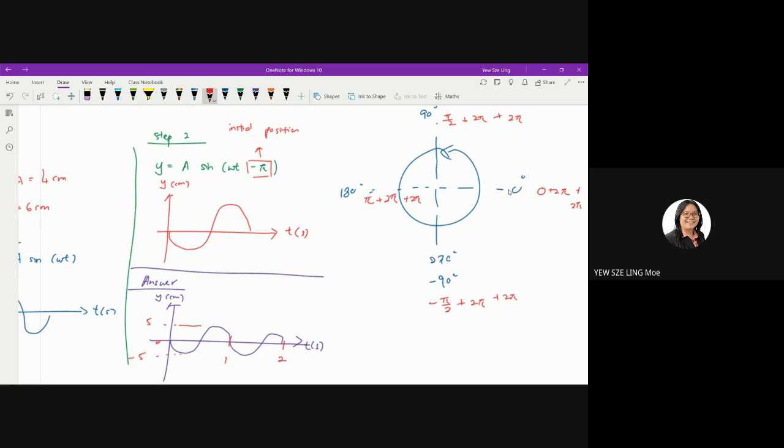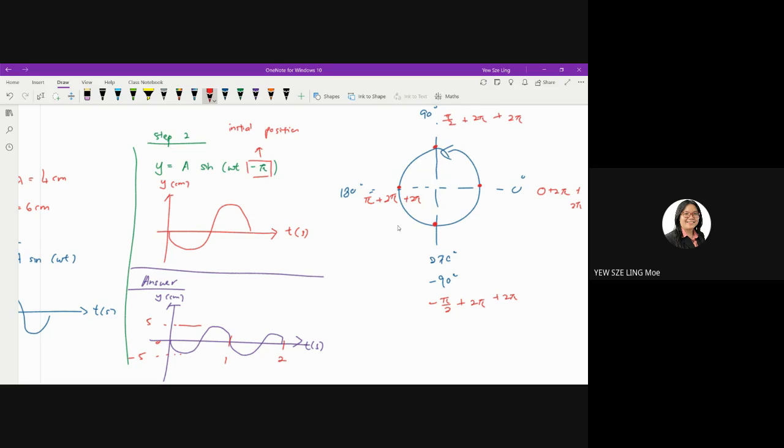So 0, 2 pi, 4 pi are all located at this position. Pi over 2, 5 pi over 2, 7 pi over 2 are all located at the same position. Pi, 3 pi, 5 pi are all located at this position. And -pi over 2, -3 pi over 2, -5 pi over 2, -9 pi over 2 are all located at this position.